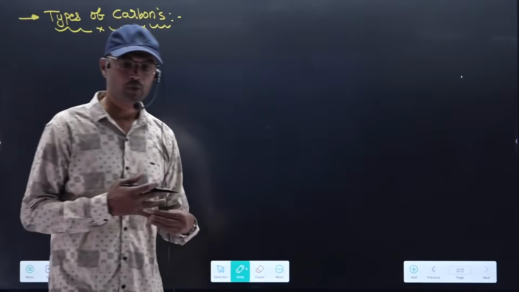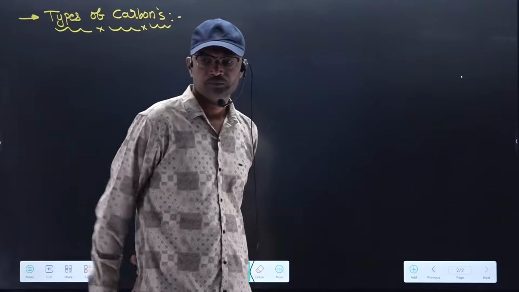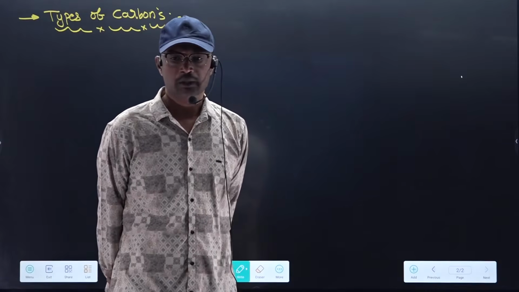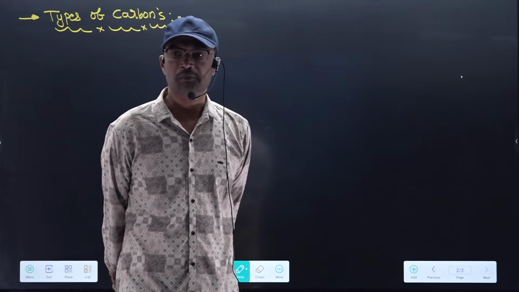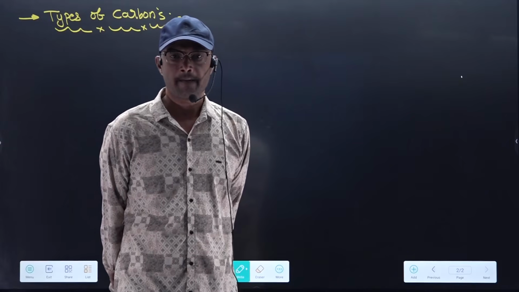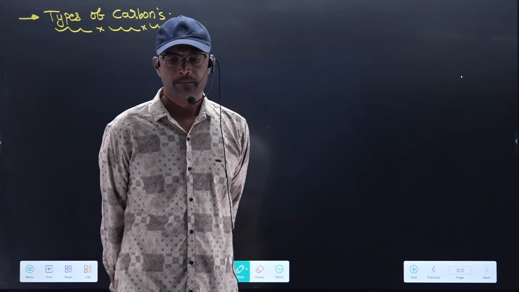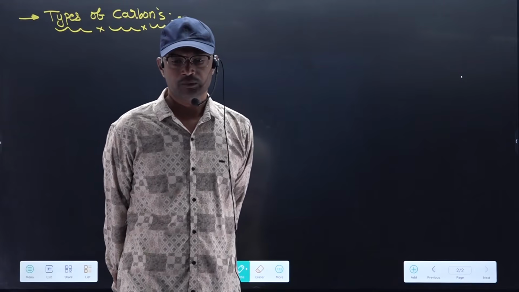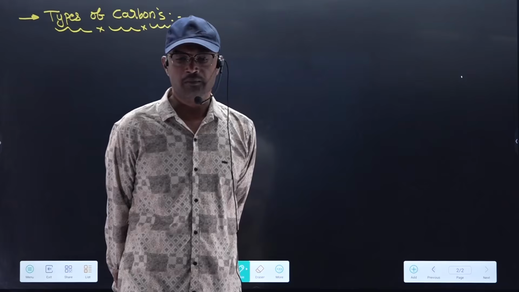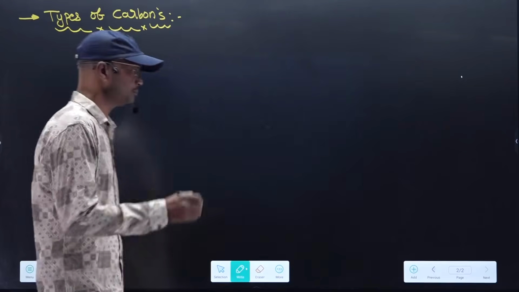They are classified into 5 types. Types of carbons. First one, super primary carbon. Write directly, super primary carbon.